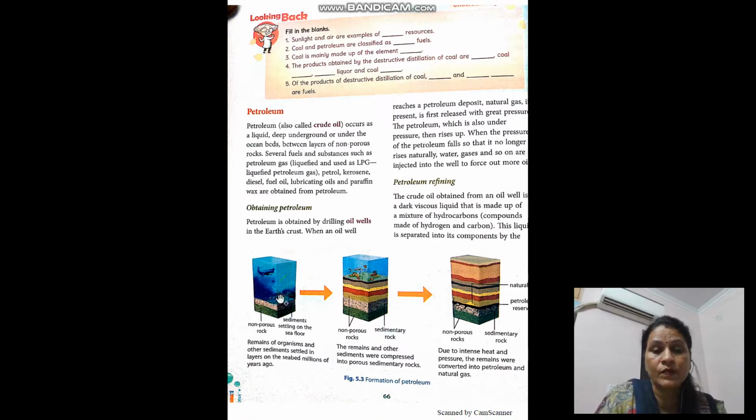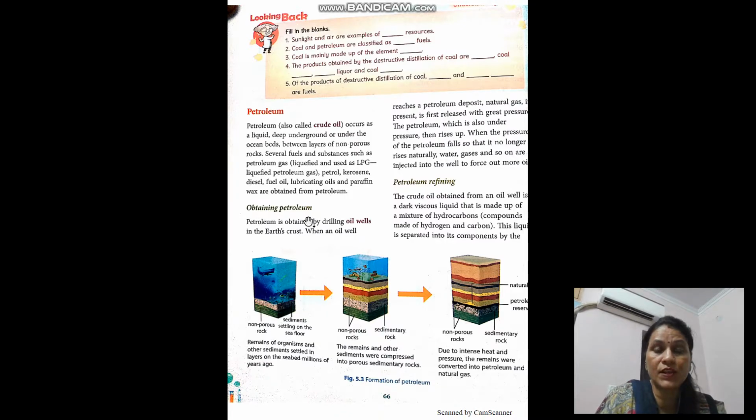The decomposition process occurs between two non-porous rocks and it is in the form of liquid and it is trapped there. Then this crude oil is extracted with the help of machinery and then it is refined.